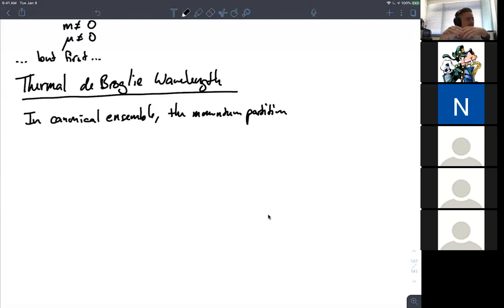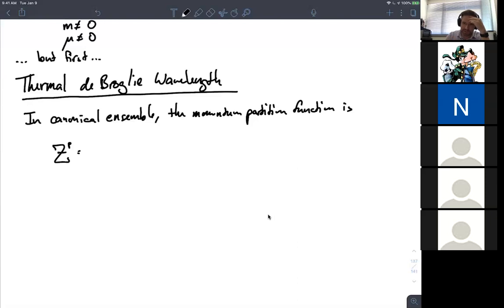There'll be some contribution to the configuration, and there'll also be some contribution from the momentum. If we just for the time being focus on the momentum component of the partition function, we're going to call it Z because it's a partition function, and we're going to put a little p on it just to remind ourselves that this is just the momentum part.